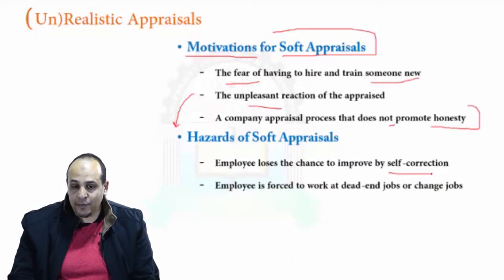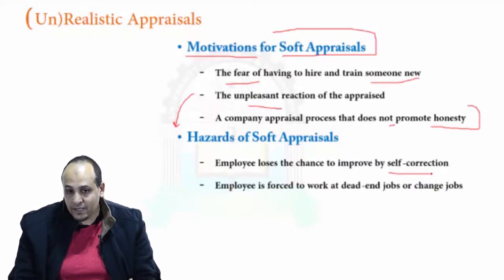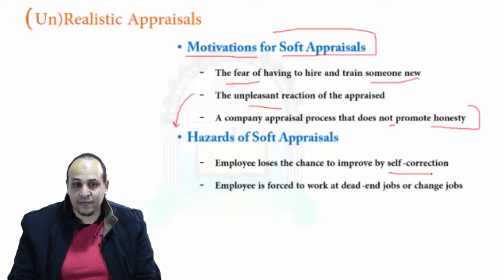So employees will not be able to spot these kind of problems and will never correct them. They will never seek any kind of training programs that can help them enhance their capabilities. Employees are forced to work at dead-end jobs, or they may have to change jobs.